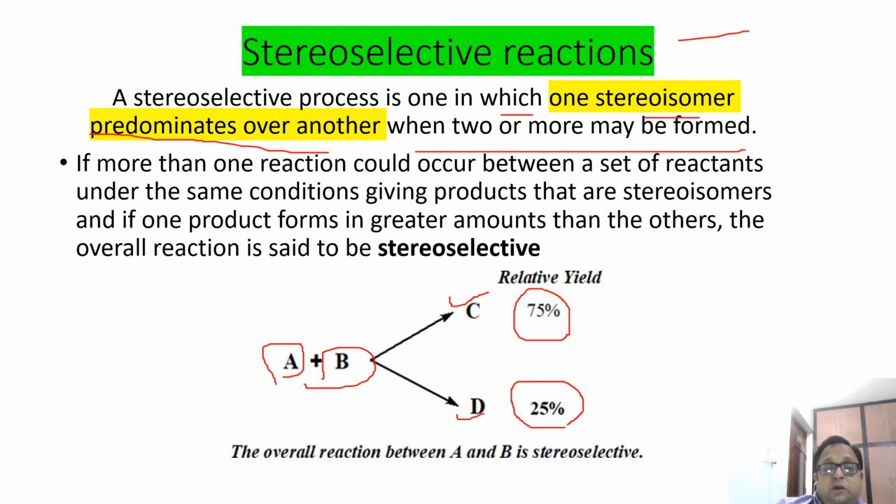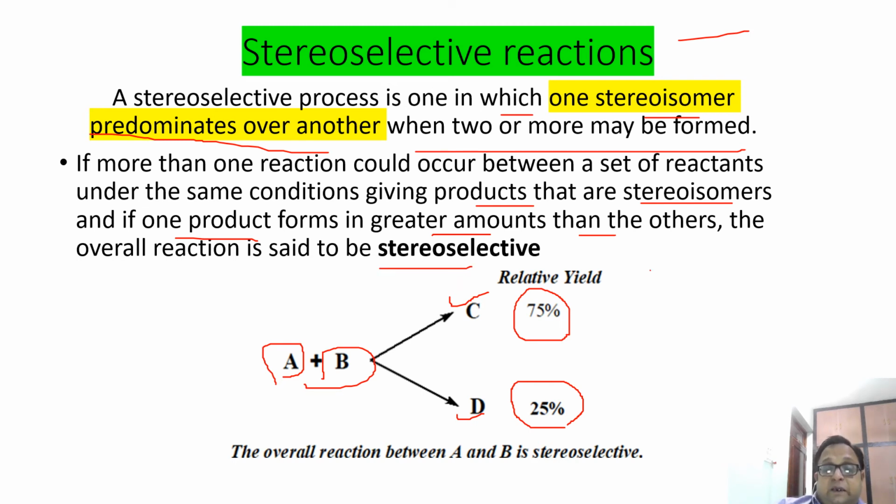So if more than one reaction could occur between a set of reactants under the same condition, giving products that are stereoisomers and one product forms in greater amount than others, the overall reaction is called stereoselective.